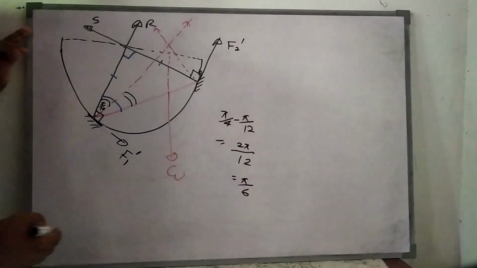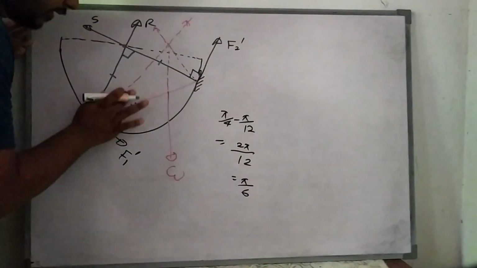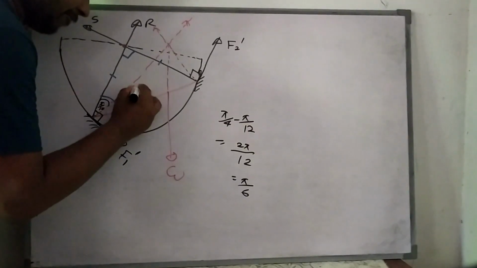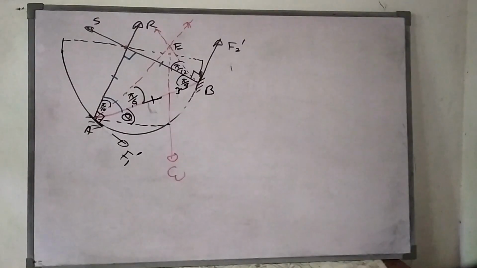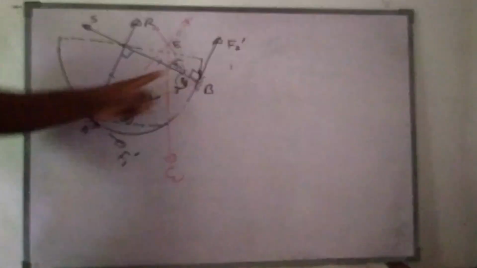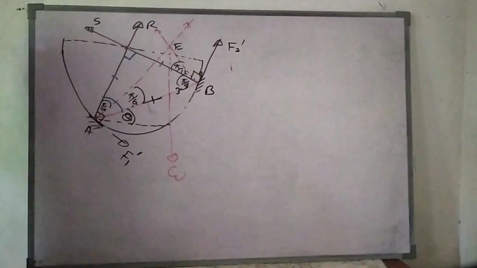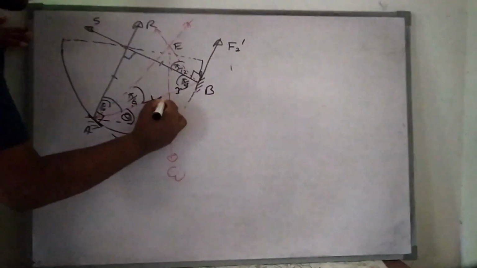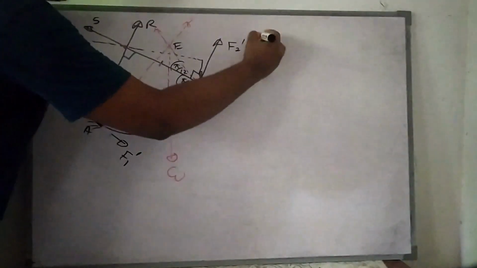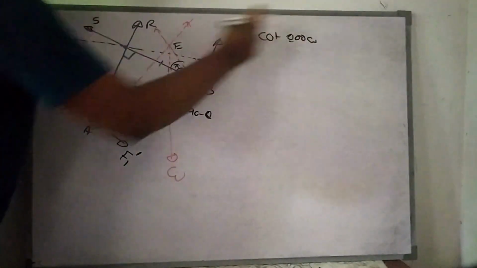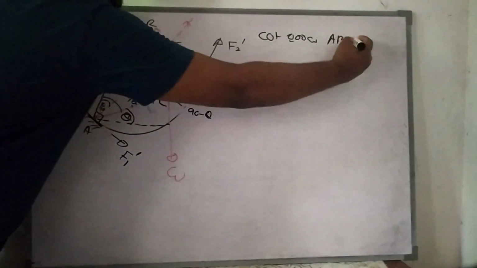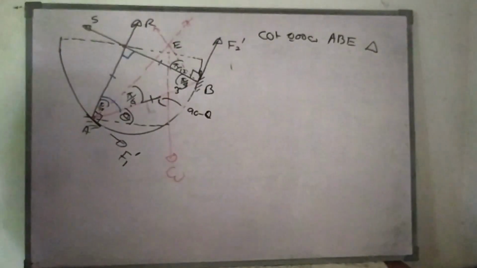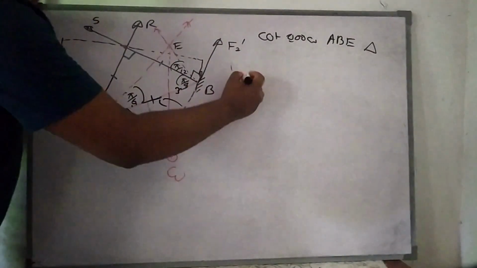The larger one is 45. Then the highlighted part is 5 pi by 6, it's 150 degrees. So this is the 1 to 3 ratio, no, it is given. The angle is 90 minus theta. Then cot 90 minus theta, with the cot rule, in triangle ABE.